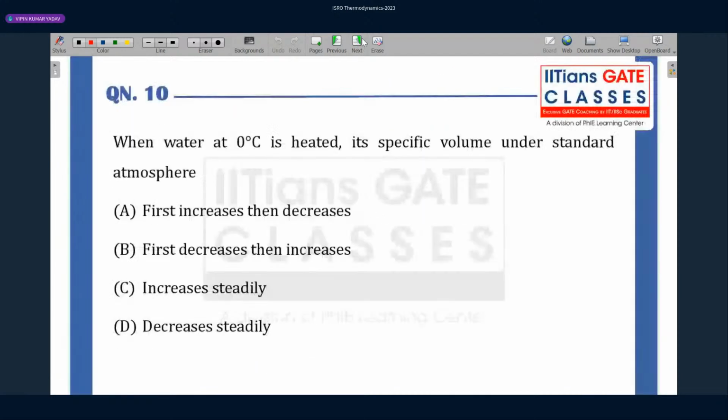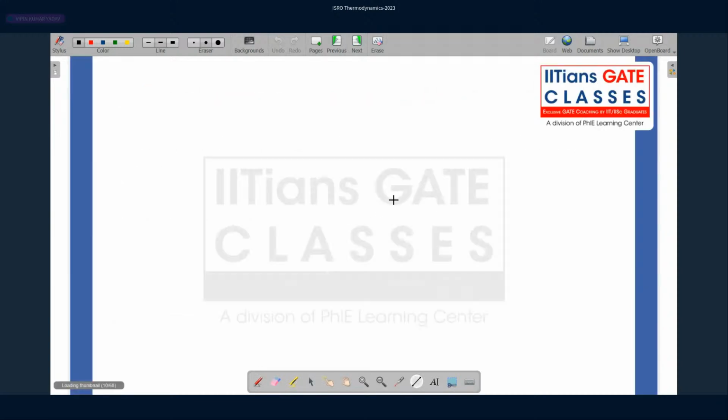Now next question. When water at 0 degrees Celsius is heated, what will happen to its specific volume under standard atmosphere? What will happen to its specific volume? In order to understand that, you need to know the density. If you remember this diagram, I hope you remember.